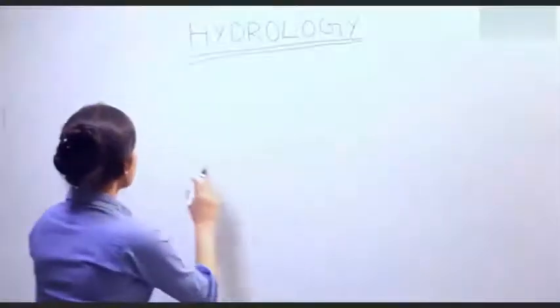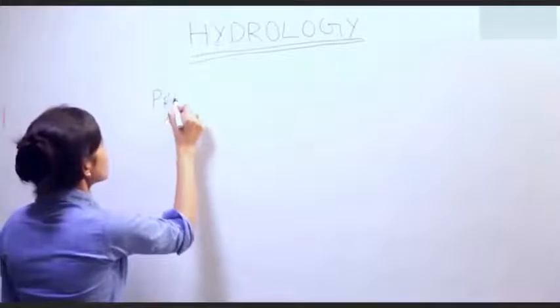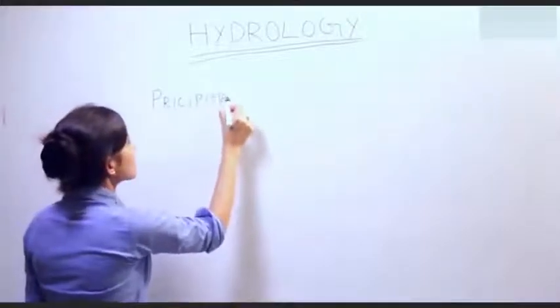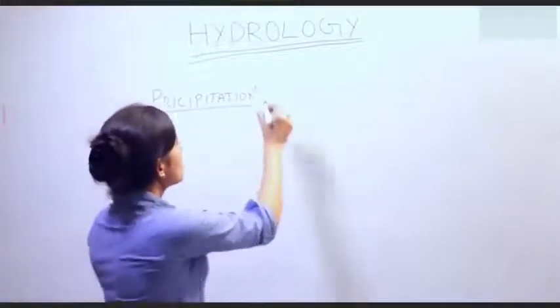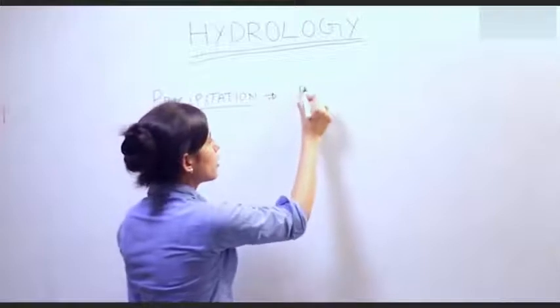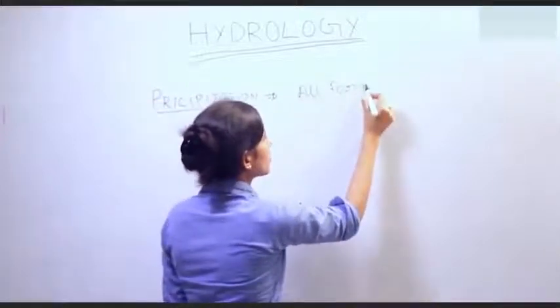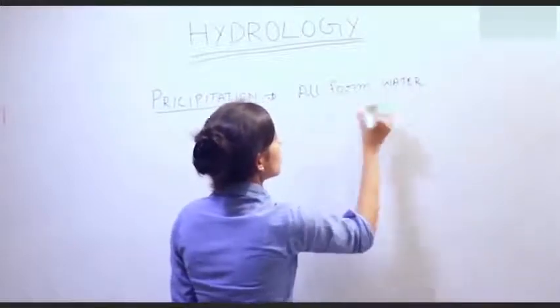Other basic definitions of hydrology are precipitation. Precipitation is all forms of water that reach Earth's surface.